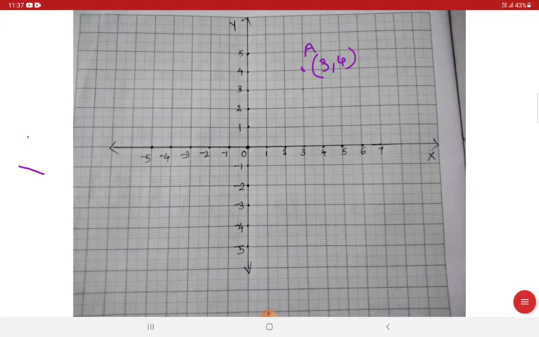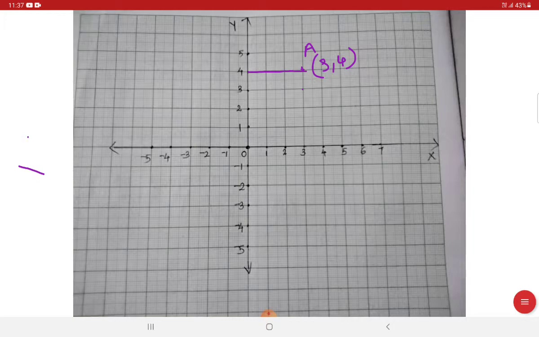The point A (3, 4) is on the right side of the y-axis, so its image will be on the left side of the y-axis. It is 3 units to the right of the y-axis, so its image will be 3 units on the left side.